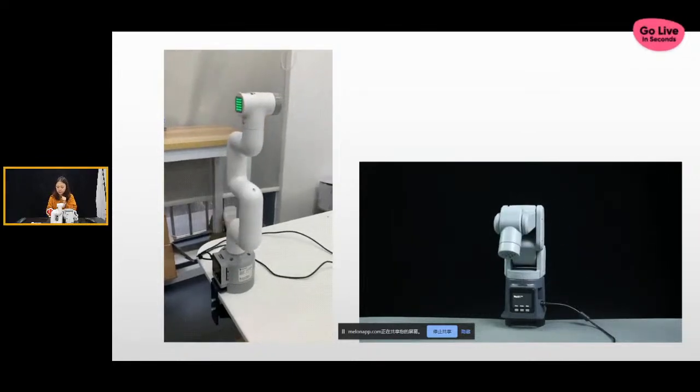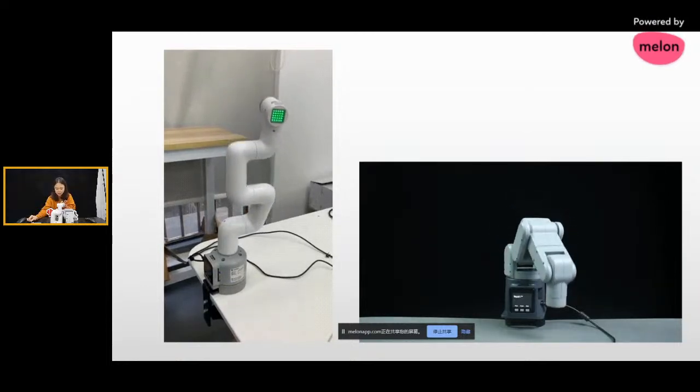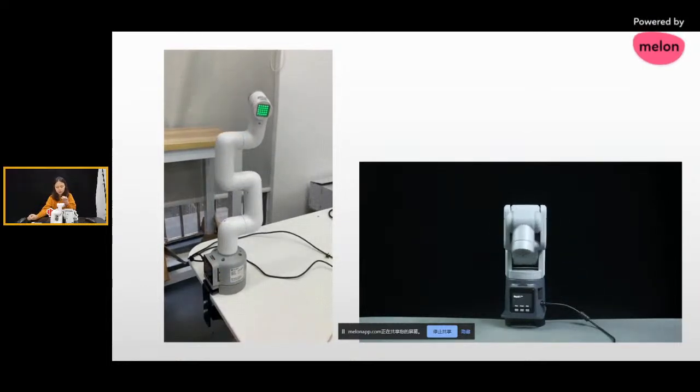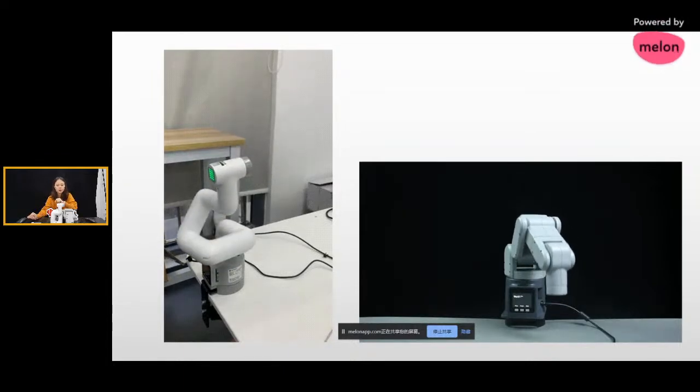There is another question about what the role of the Atom is for myCobot. The Atom is a section of these robotic arms.